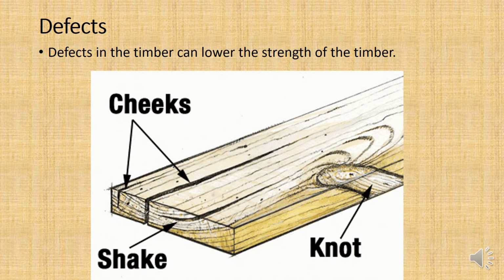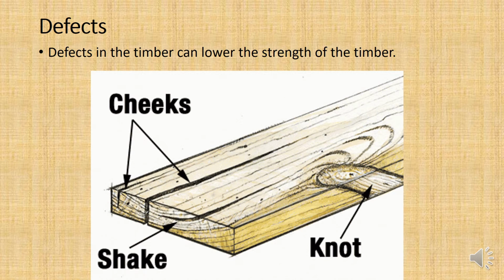Now, a knot is basically where a branch was coming out of the trunk of the tree, and so when you cut the trunk down and then you mill it, you have these little knots that emerge, which is where the branch of the tree was coming out.